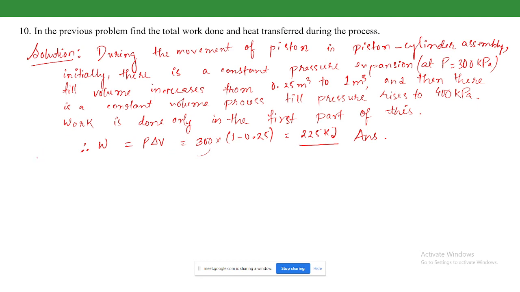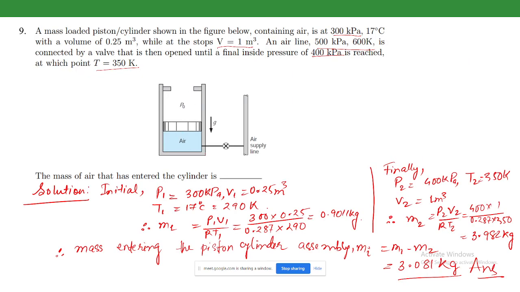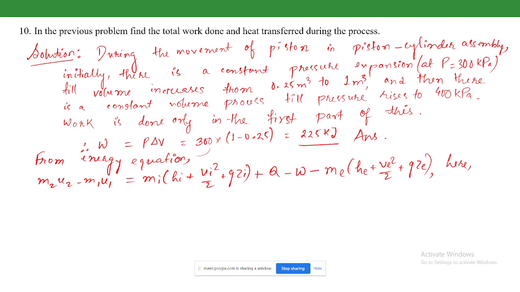If we write the energy equation, m2 u2 minus m1 u1 is equal to mi times hi plus vi square by 2 plus g zi, plus Q minus W, minus me times he plus ve square by 2 plus g ze. Here, no mass is exiting the system, so me is equal to 0.